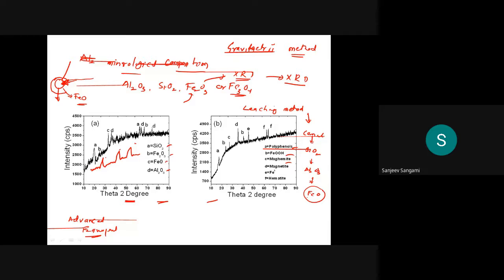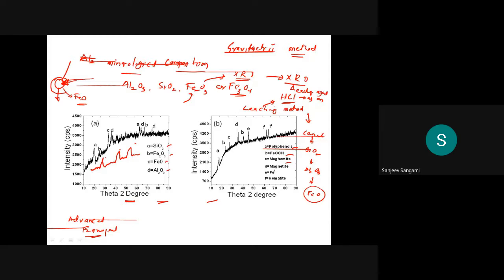So different leaching methods are used. For example, if you want to find out SiO2, we use HCl, that is hydrochloric acid, as a leaching agent.